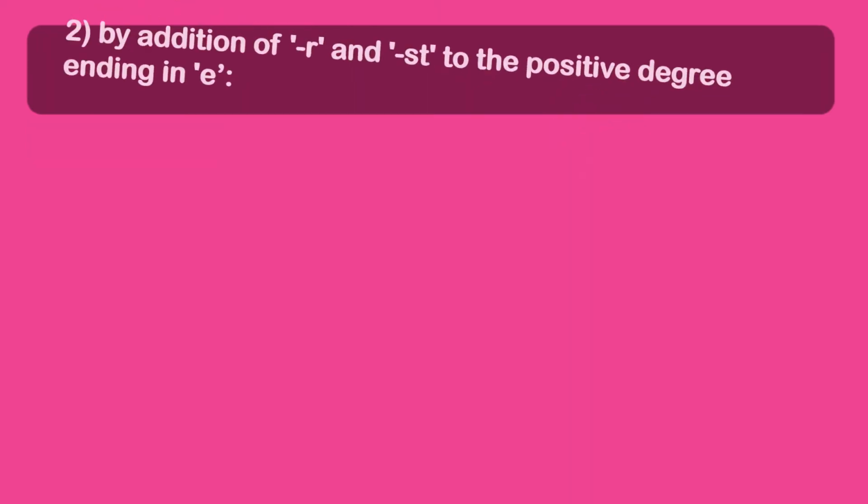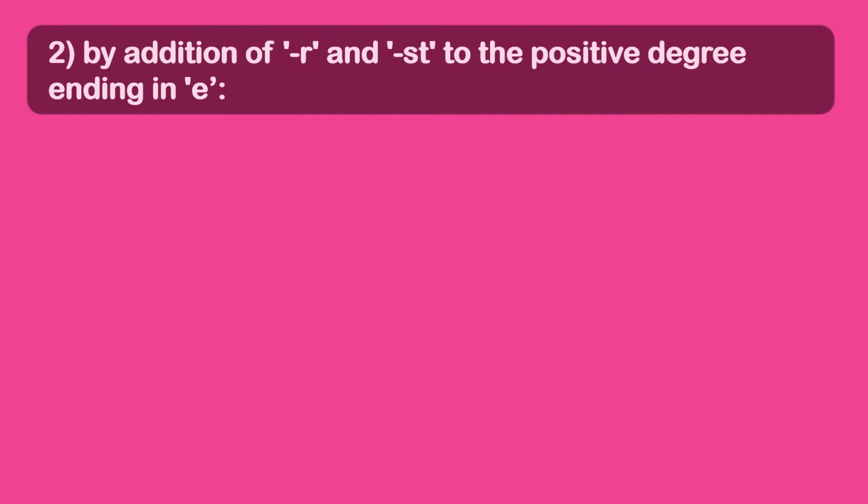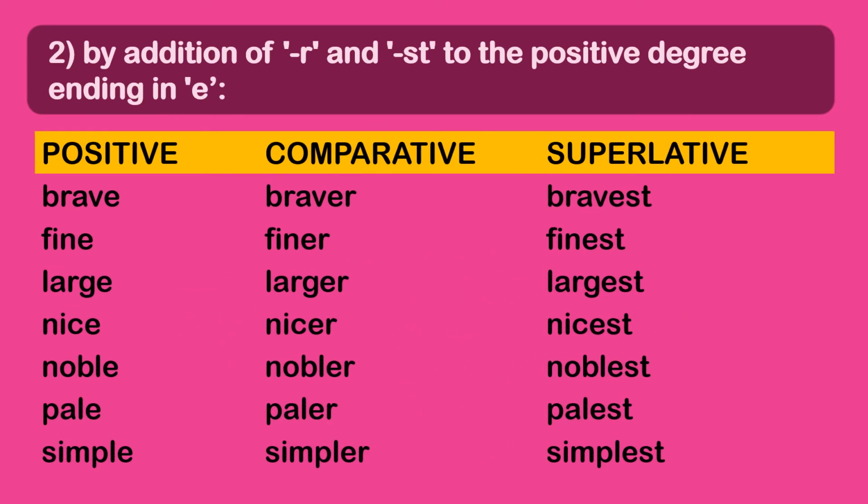The second rule is by addition of R and ST to a positive degree ending in E. If your positive degree is already ending with E, we will not repeat the E in the comparative and superlative, and we will only add R and ST, because E is already there. Look at these examples. Brave: E is already present, so you only add R and ST. Brave, braver, bravest.